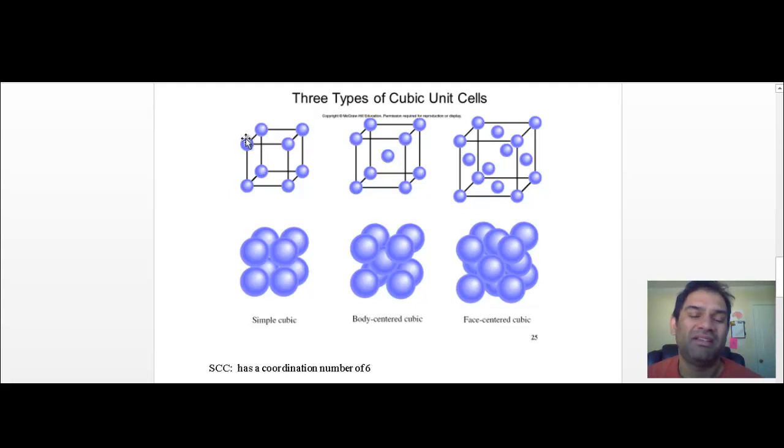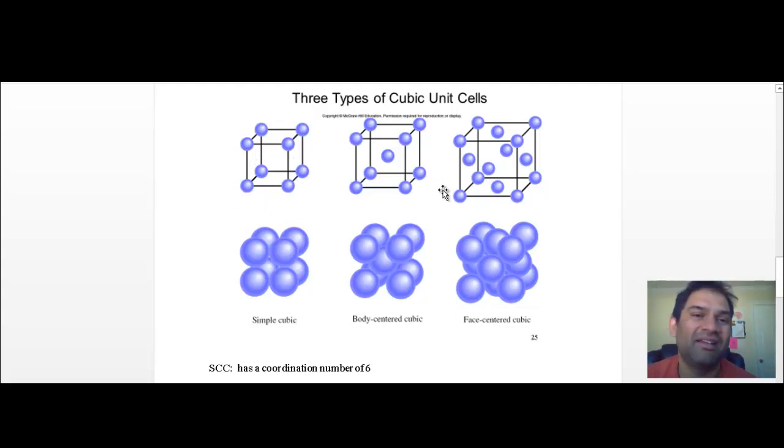So the simplest unit cell is where all of the atoms are part of a cube. Remember, we're talking about the unit cell being a cube. Each corner of this cube has a lattice point representing an atom. So the number of atoms in a simple cubic unit cell is actually 1. Each is 1/8, so you have to remember this is in 3 dimensions.